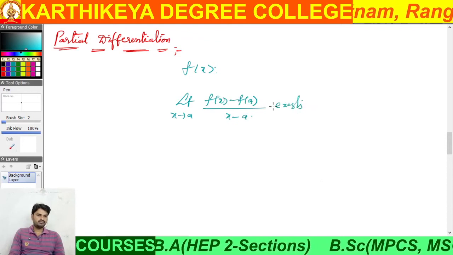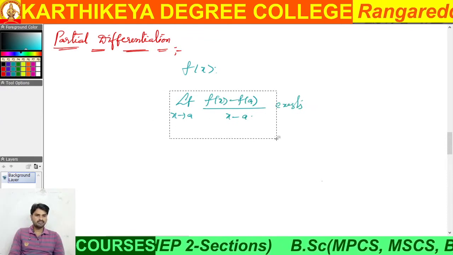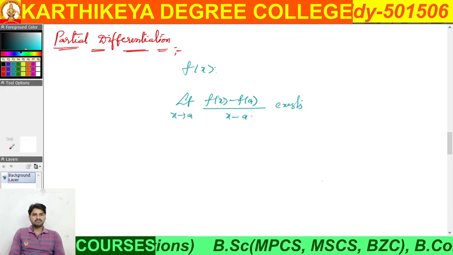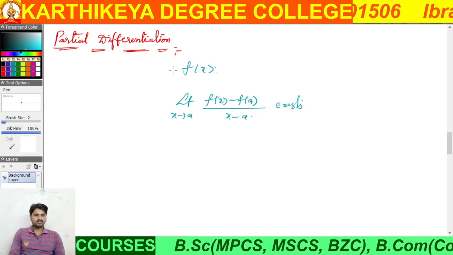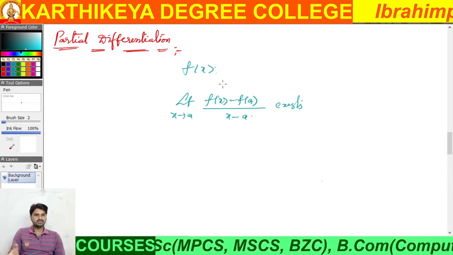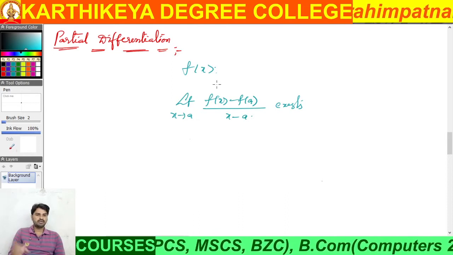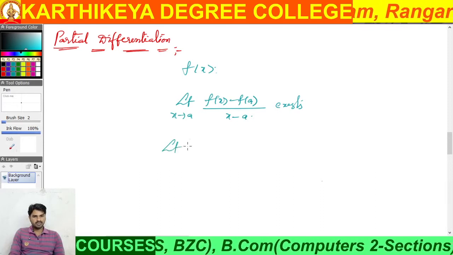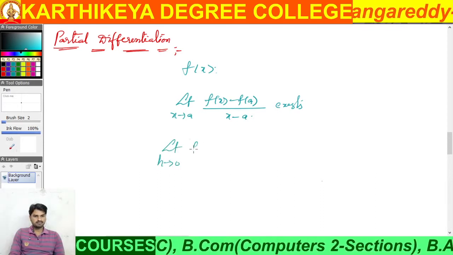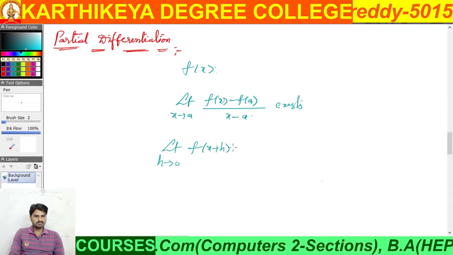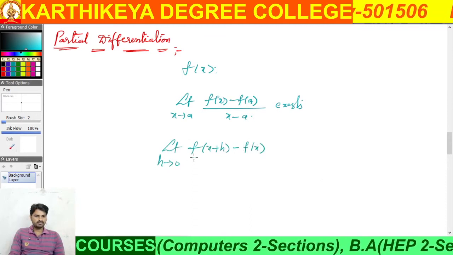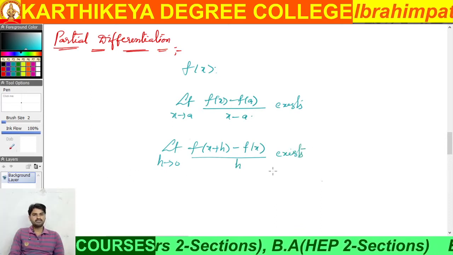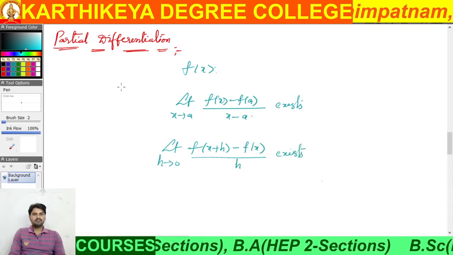If this limit exists, then we say that the function f is differentiable at the point a. In general, a function f is differentiable everywhere if the limit as h tends to 0 of f of x plus h minus f of x by h exists. This is the definition for a function in one variable.